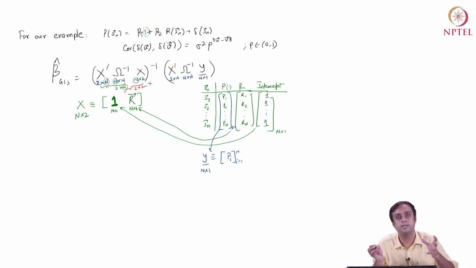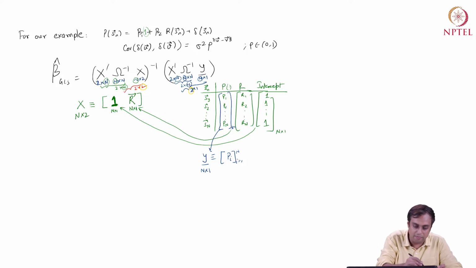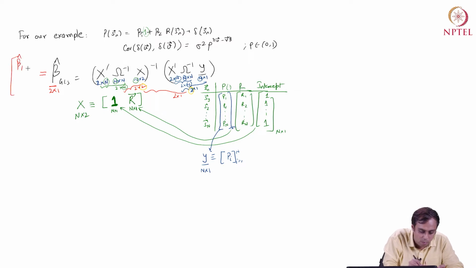So the first matrix is a 2 by 2 matrix. The second matrix, let's evaluate, is again 2 by n times n by 1, so the second matrix is a 2 by 1 matrix. Again, they are conformable, and the final matrix is going to be 2 by 1, right? So that means beta hat by itself is a 2 by 1 matrix, comprising beta 1 hat GLS and beta 2 hat GLS.